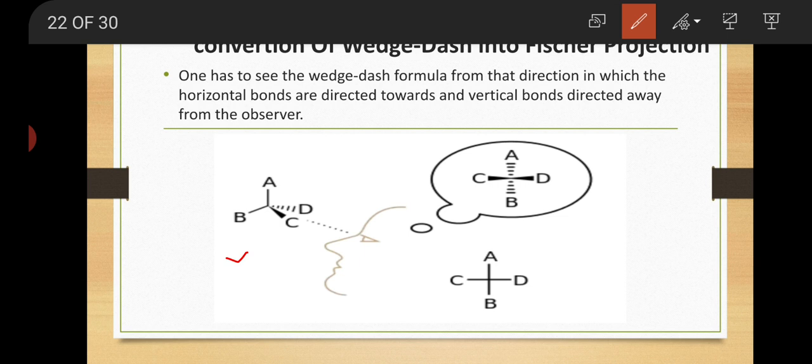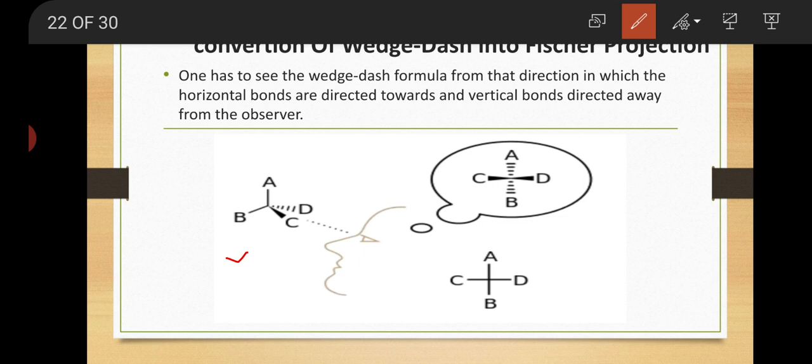That is, A and B are vertical bonds which lie in the plane of the paper, directed away from the observer, and the horizontal bonds, which are dash bond and wedge bond, are C and D. The dotted bond is D and the wedge bond, that is the thick line bond, is C, towards the observer.